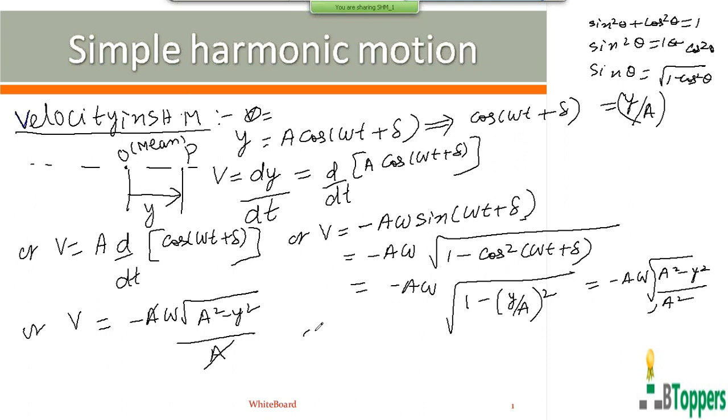This a gets cancelled. So velocity in terms of displacement from the mean position, we can write as minus omega into root of a square minus y square. We consider the magnitude of the velocity at any instant when the particle is at distance y from the mean position, which is given by omega into root of a square minus y square.